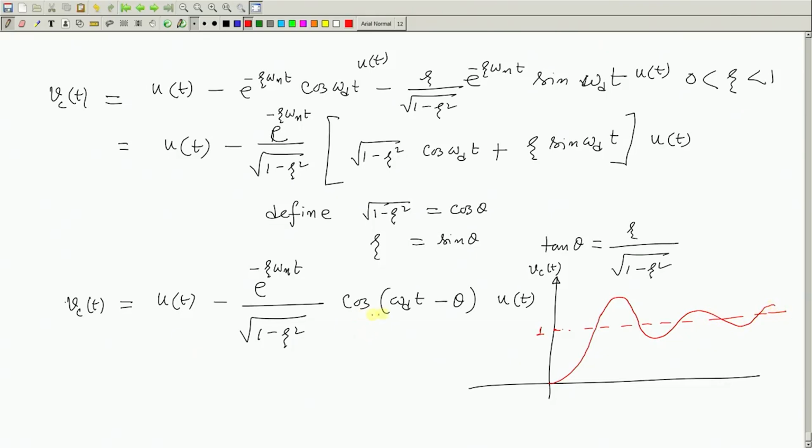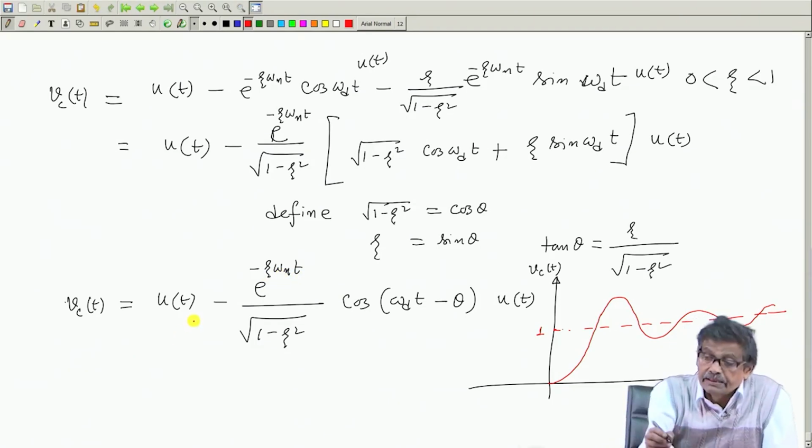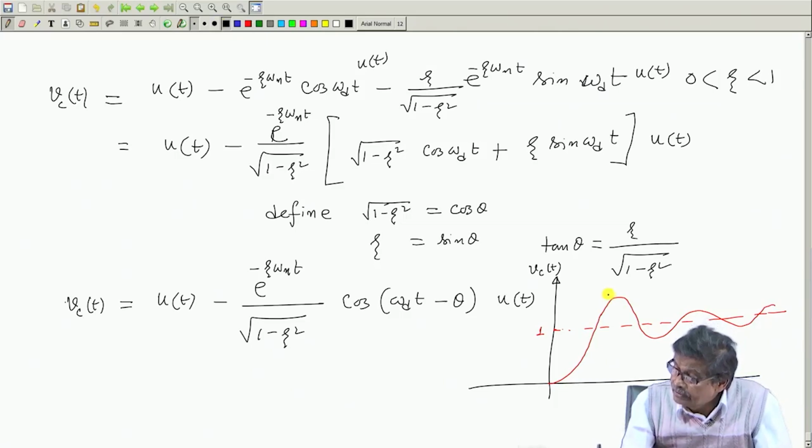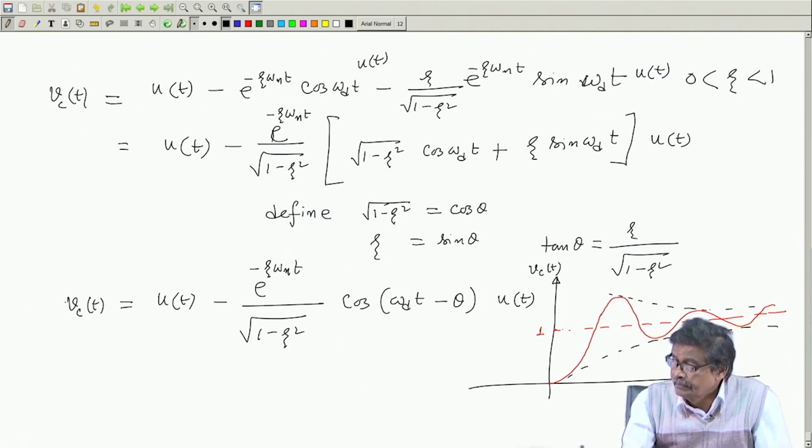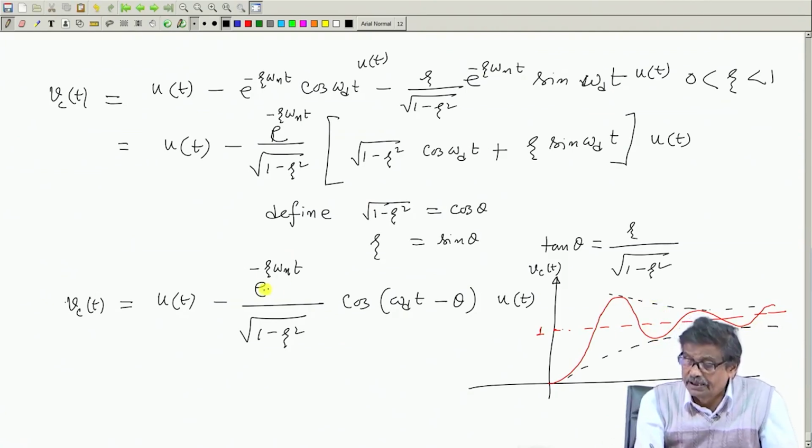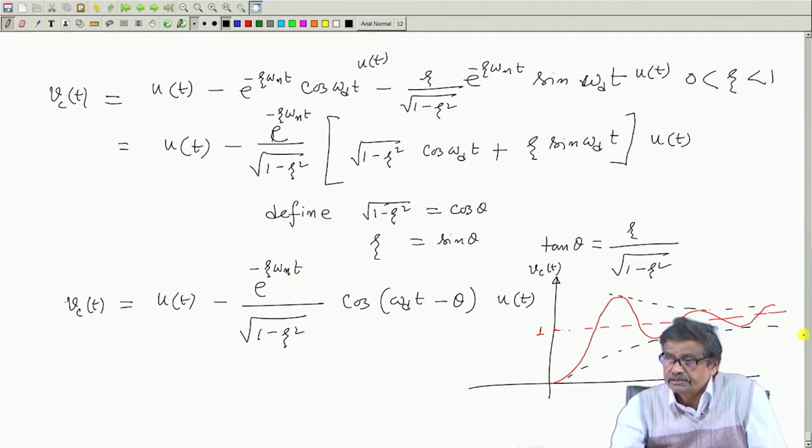Because the peak value of this cosine curve will gradually decay because of the e to the power minus zeta omega n t term. Mind you, zeta omega n is a positive number, so exponentially decaying. So, the peak values will be modulated by this term. This dotted line I have drawn is just showing the effect of e to the power minus zeta omega n t that is coming into being.